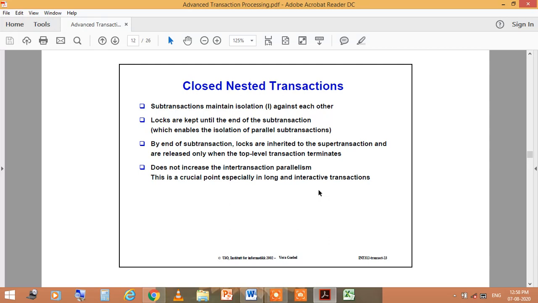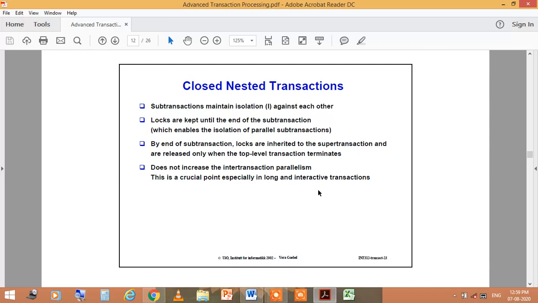Now come to the closed nested transactions. In the closed nested transactions, the sub transactions maintain isolation. Okay, because this is the closed one. So this is against each other, and second, the locks are kept until the end of the sub transactions, which enables the isolation of parallel sub transactions.